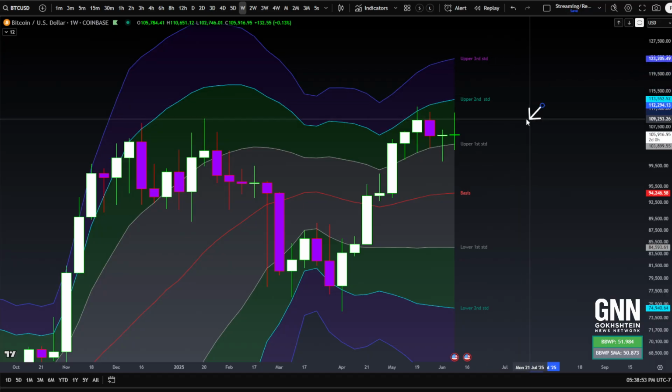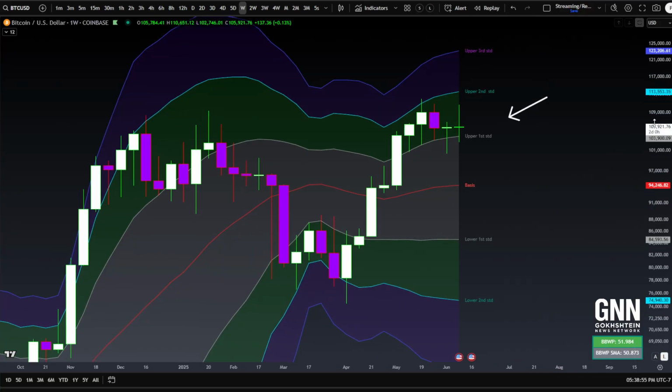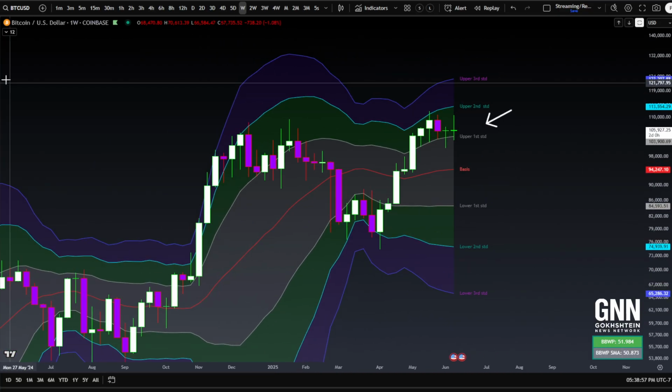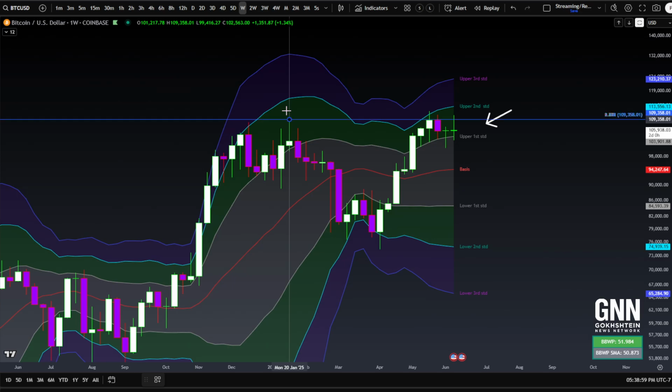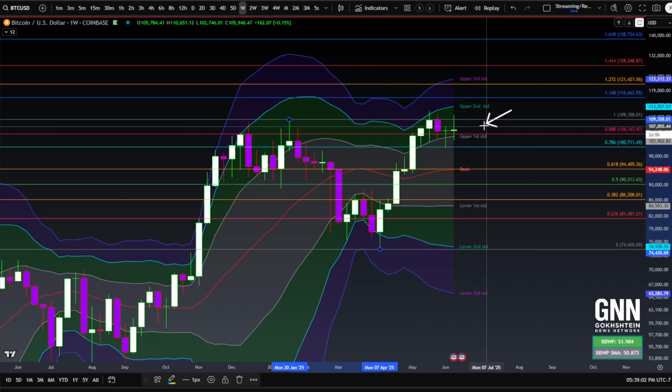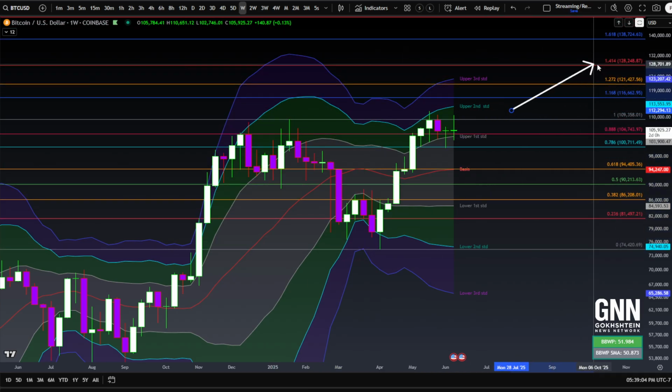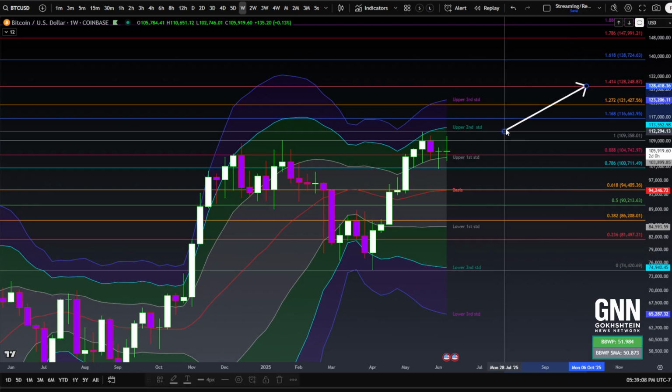And that's getting really, really close to the local fib extension here for the 1.414, which is going to be that $128,000 to $130,000, depending on your chart and which exchange you're charting on, which also aligns with our macro Fibonacci pole, right?